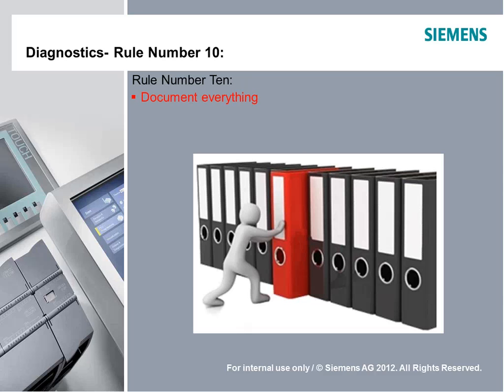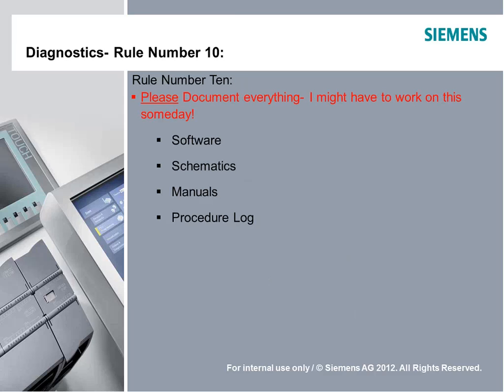Essentially, if we document what we do to a machine, we give the next guy in line a leg up on how to fix it if we're having a problem again. Or if it's a repeating problem, then we know about it. So it's something that we can fix on a machine, maybe some kind of a design change or something along those lines. But essentially everything, including any changes that were made in software.